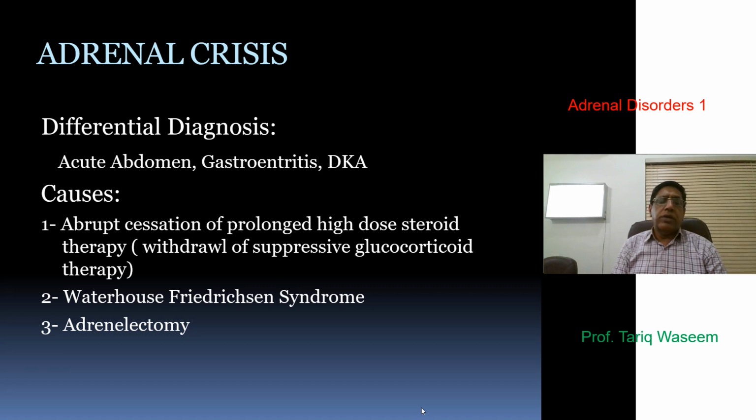Occasionally, a condition called Waterhouse-Friderichsen syndrome, which is seen in patients with meningococcemia, results in acute hemorrhage into the adrenal, and this acute lack of cortisol would push the patient into adrenal crisis with hypotension. Similarly, adrenalectomy would result in patients going into adrenal crisis.